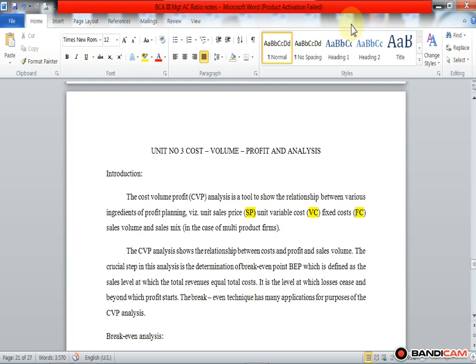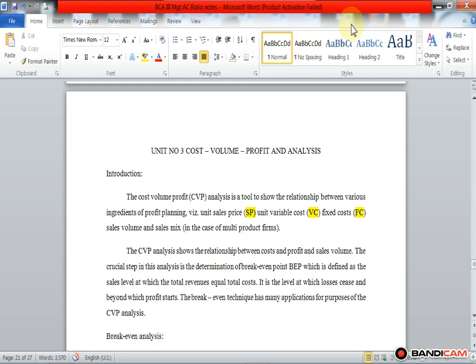It includes the sales price per unit, variable cost per unit and fixed cost. Sales volume and sales mix are taken into consideration if a multi-product firm manufactures the products.